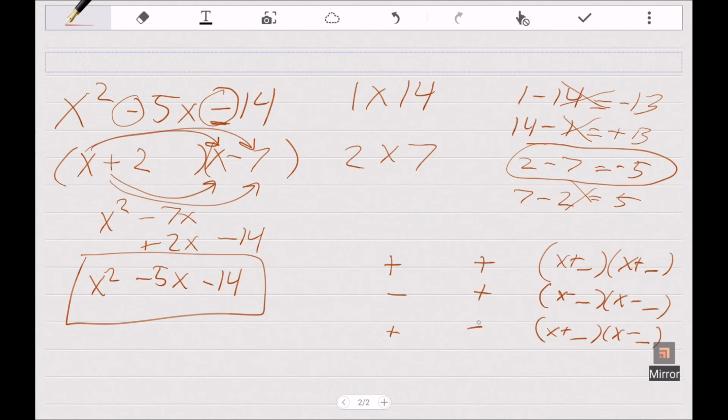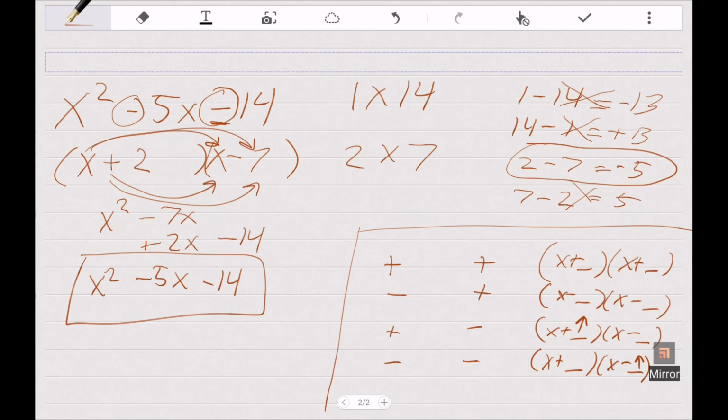In this case, because of the positive, this something is bigger. We can also have negative, negative. That would be x plus something, x minus something. And just like our case over here, because this is a minus, our minus is going to be the bigger number.